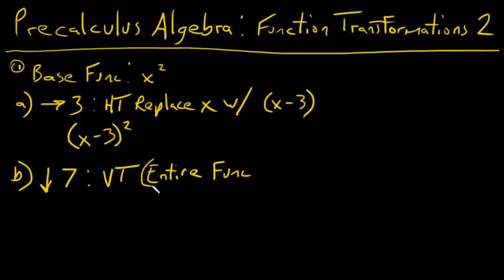I like to put the entire function in parentheses, and then the transformation, whatever it is. So I'm going to put the entire function, x squared, in parentheses, and then perform the transformation. I want to shift it down by 7, which means I'm going to subtract 7. And that's it. That will shift x squared down by 7.